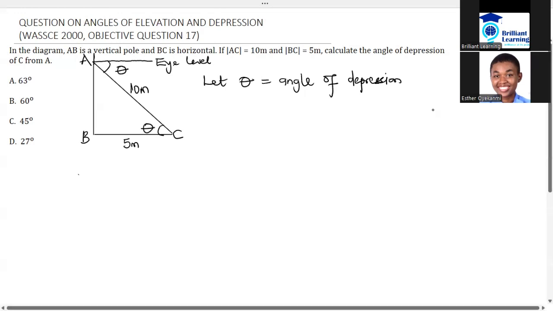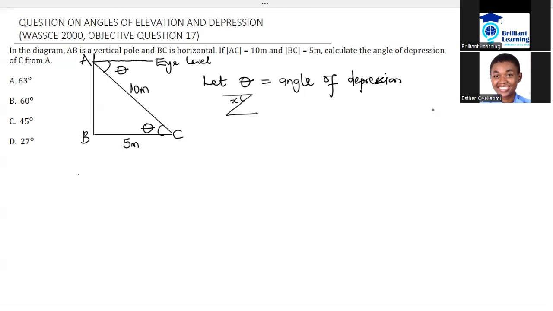When you have angles like this, this angle will be the same as this angle, or like this, this angle will be the same as this angle, provided that these lines are parallel. Now we assume that line BC and the eye level are parallel to each other. That is why this is this.